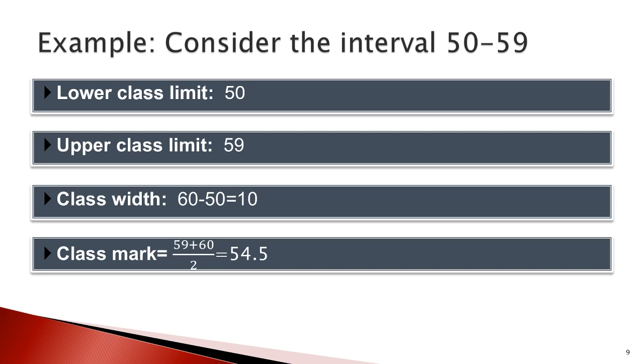That will give you 54.5. Those are the definitions that we learned earlier: the lower class limit, upper class limit, class width, class mark. Those are very simple things that you should be familiar with when you are dealing with limit grouping.